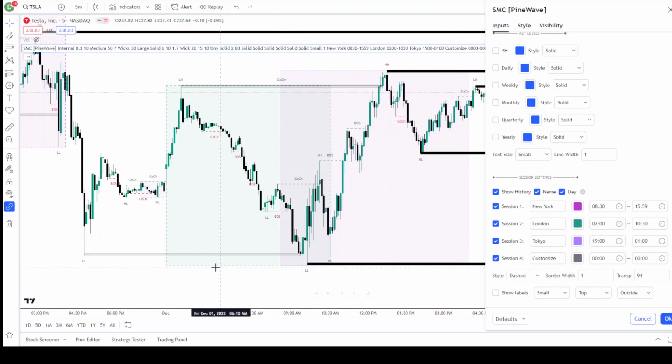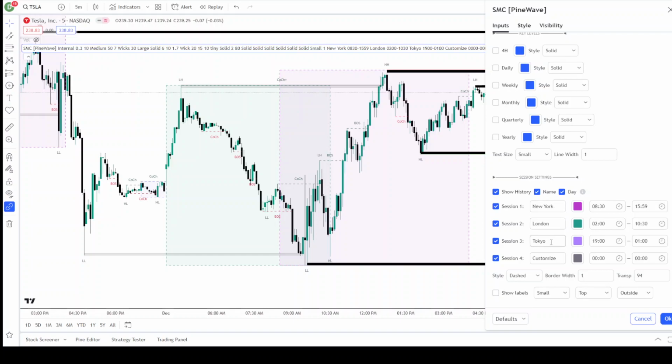That shows us 8:30. Oh, that's why. London on Tesla's chart is going to show starting at 4 because that's when the pre-market starts. London session starts at 2 a.m. New York time if you were trading futures. But this can be changed. All of these can be changed.